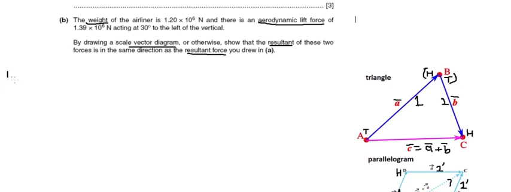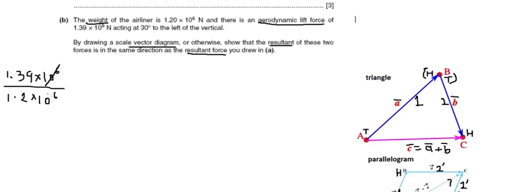So in the rough calculation, I can write down the aerodynamic lift, which is 1.39 into 10 raised to 6, divided by the weight, 1.2 into 10 raised to 6.